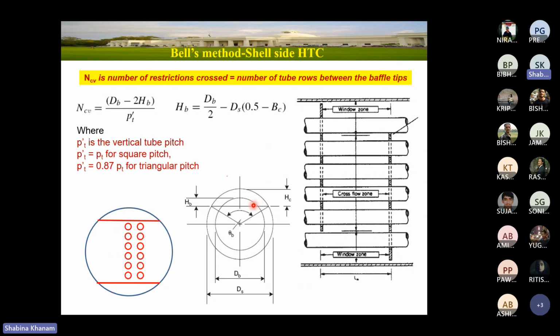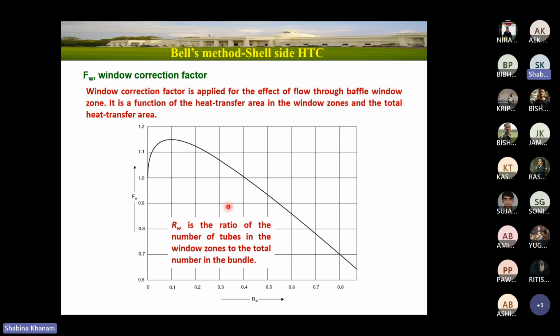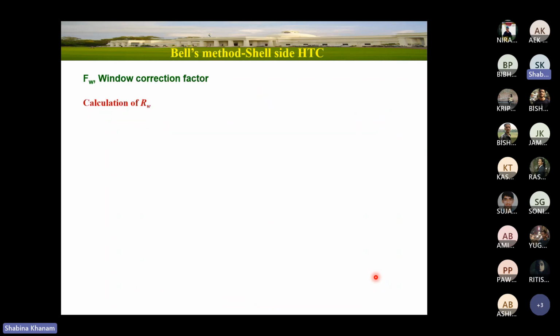It means this area divided by total bundle area. Fine. So now you see Rw is the ratio of the number of tubes in the window zone to the total number of tubes in the bundle, which will depend on the areas: the sectional area of the bundle in the window zone by the total cross sectional area of the bundle. I hope you are getting my point.